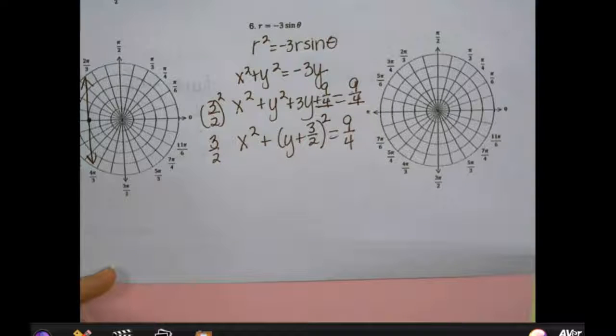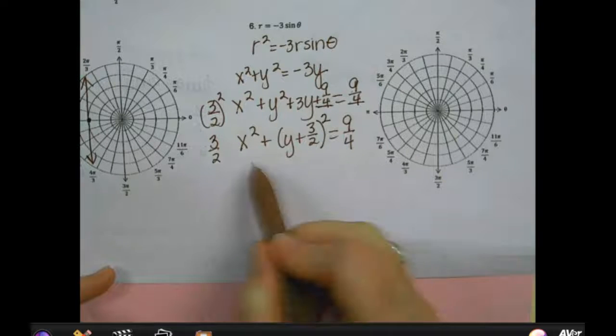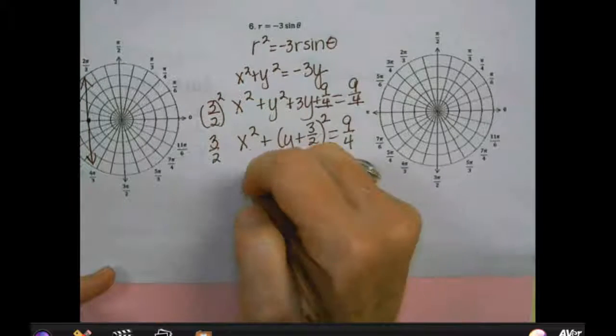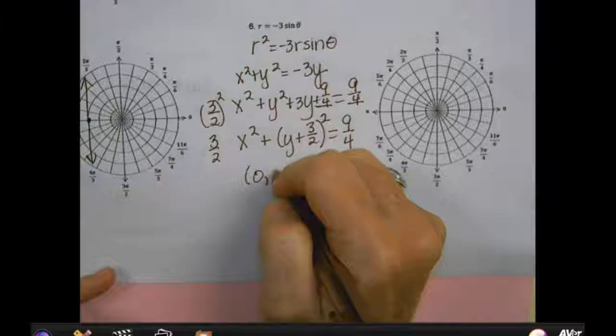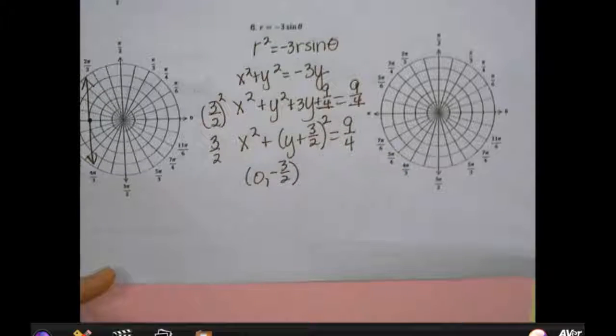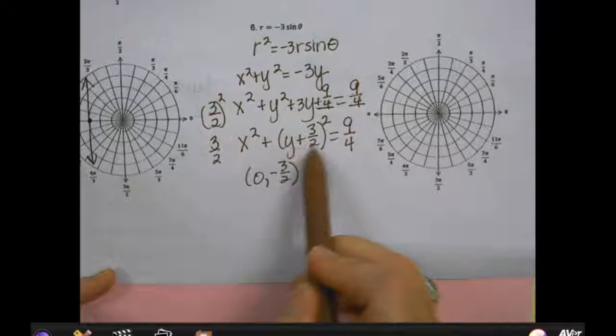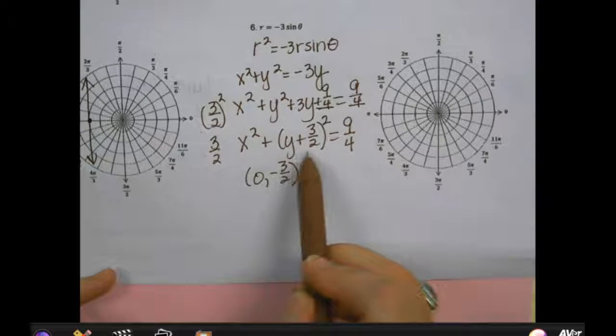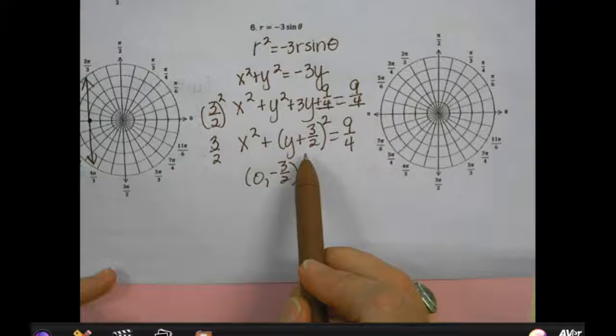Okay, so without worrying about it being a fraction, because I know it's a fraction and that scares you, what would the center be? 0 and negative 3 over 2. Because if you set this equal to 0, the 3 over 2 would be negative.